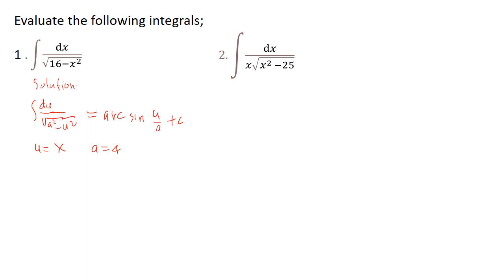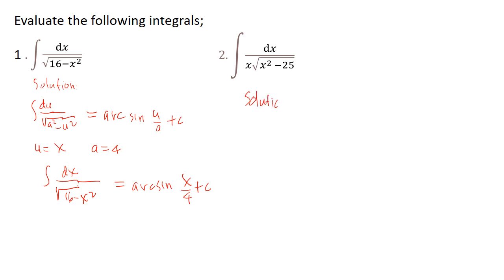So substitute: integral of dx over square root of 16 minus x squared should be equal to arc sine x over 4 plus c. On number 2, integral of dx over x square root of x squared minus 25.